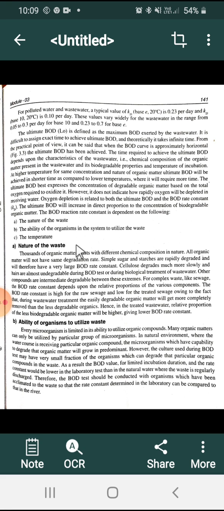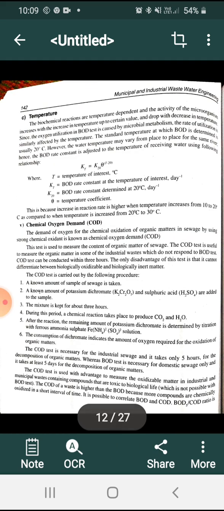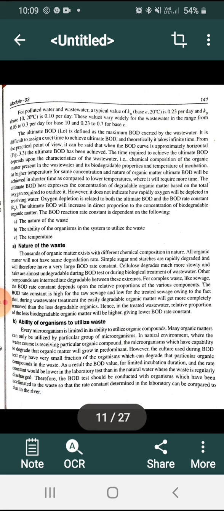Next, ability of organisms to utilize waste. How these organisms are going to eat the food is very important. It is internal structure.